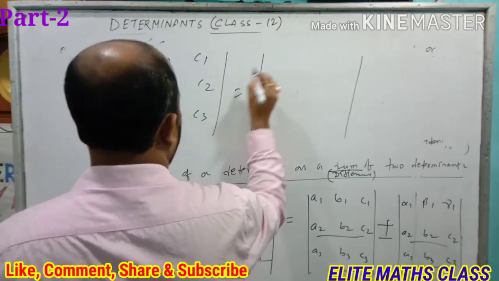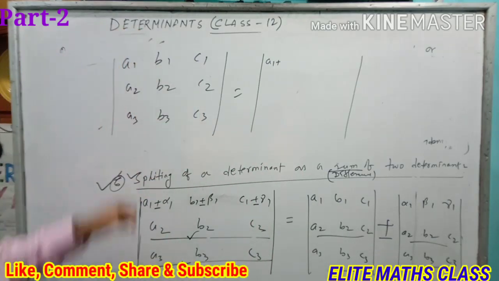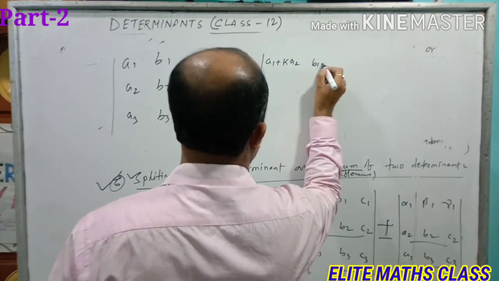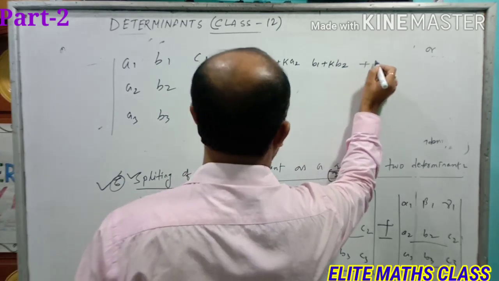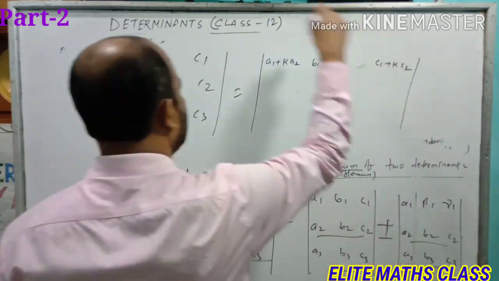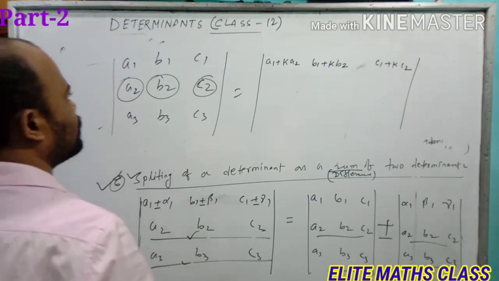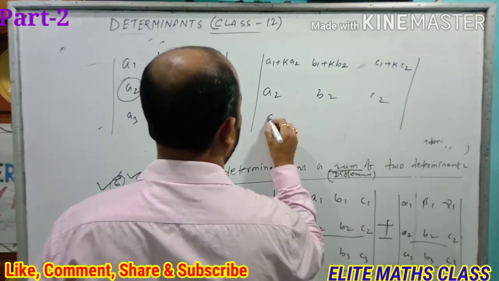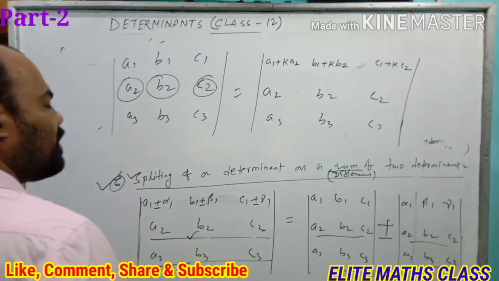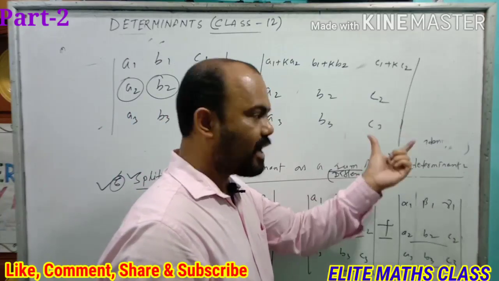Here say a1 plus k times multiple of second row is added to first, that is k times multiple of second row, b1 plus k times multiple of second row plus c1 into k times multiple of second row is added to the first row, that is k times multiple of these elements is added to the elements of first row. Then what happens? a2, b2, c2, a3, b3, c3. Second row, third row unchanged.